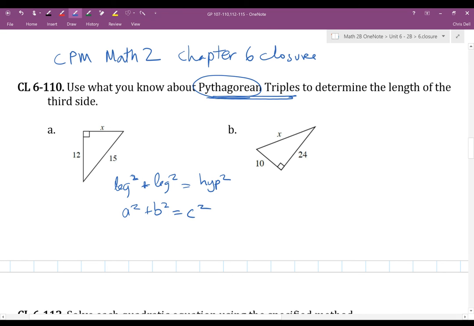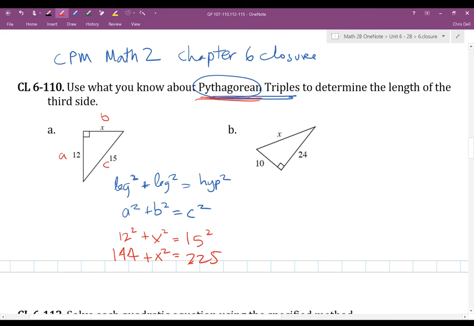If I'm going to label those, this is my a, this is my b, and this is my c. So let's just do the math on this one, and then I'm going to talk about this Pythagorean triple thing. I would say this is 12 squared plus, I don't know what my b is, so we'll call it x squared, is equal to c squared, which is 15 squared. So that's 144 plus x squared is equal to 225.